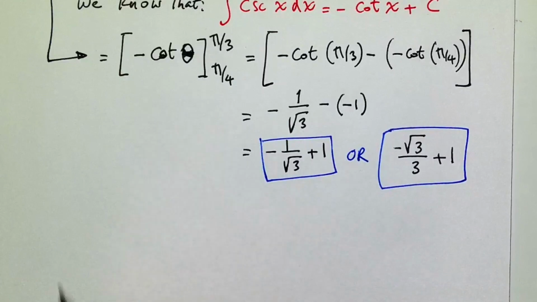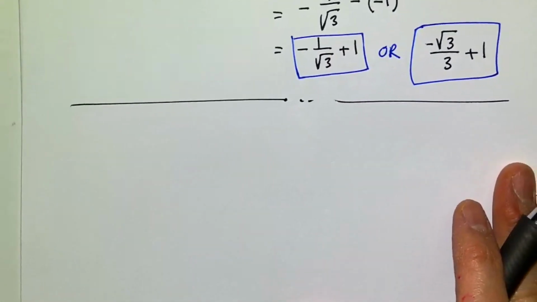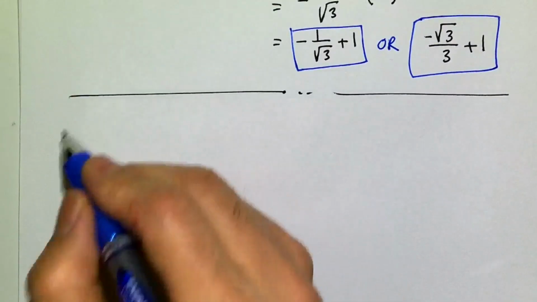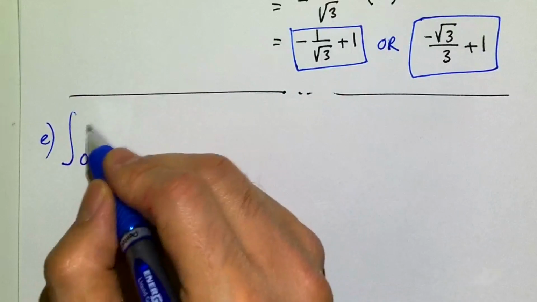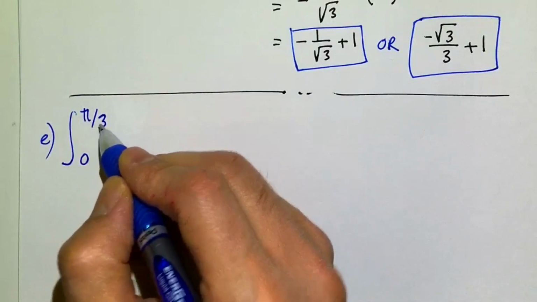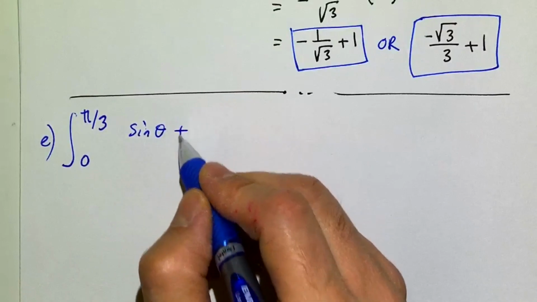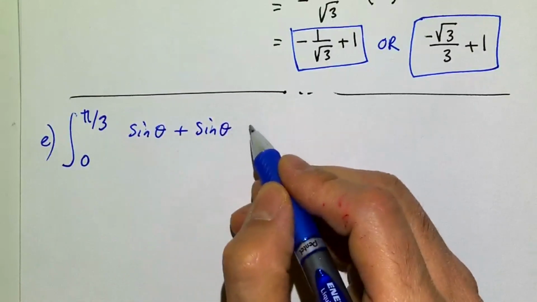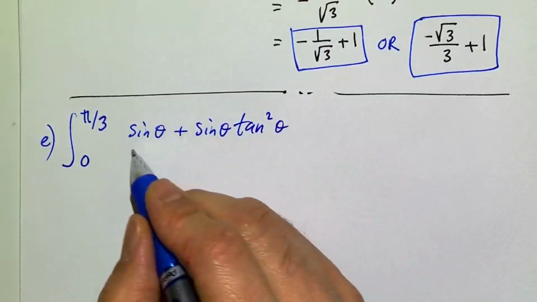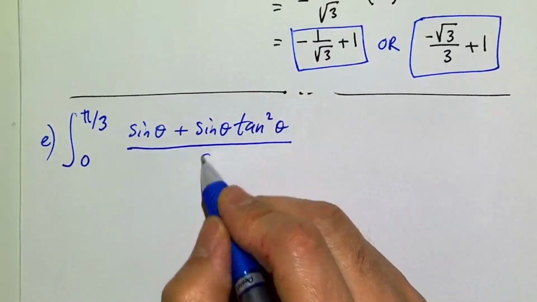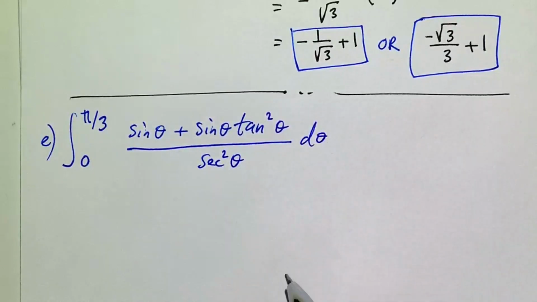Okay, so next example. Suppose we have, and let's say this is part E, integral going from 0 to pi over 3 of sine of theta plus sine of theta tangent squared theta divided by secant squared theta d theta.